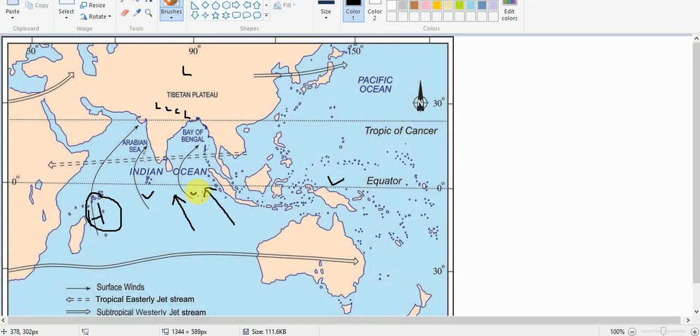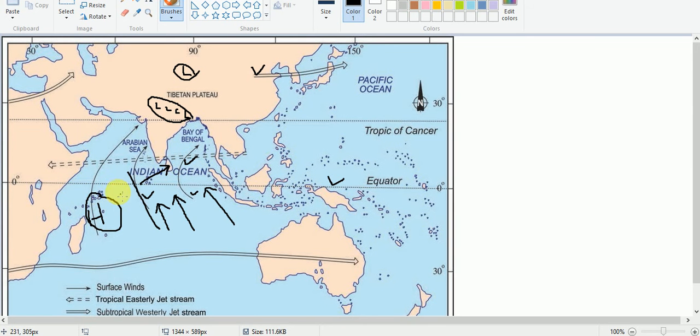This southeast trade wind is blowing over the warm tropical ocean, and because of the low pressure here, another low pressure here, and the shifting of the jet stream north of the Himalayas, this southeast trade wind will be attracted towards India and will cross the equator. When the wind crosses the equator, it will turn to the right due to the Coriolis force. See here, this is the direction of the wind.